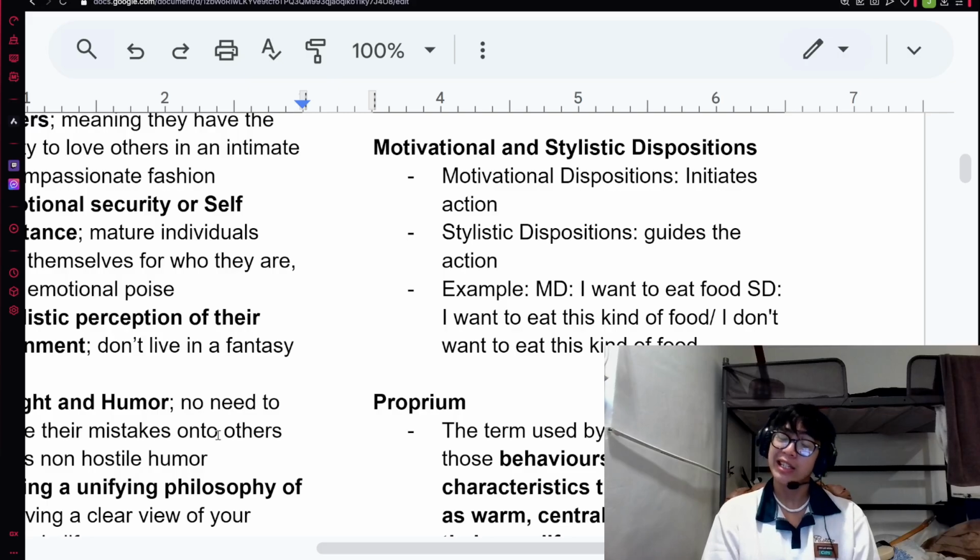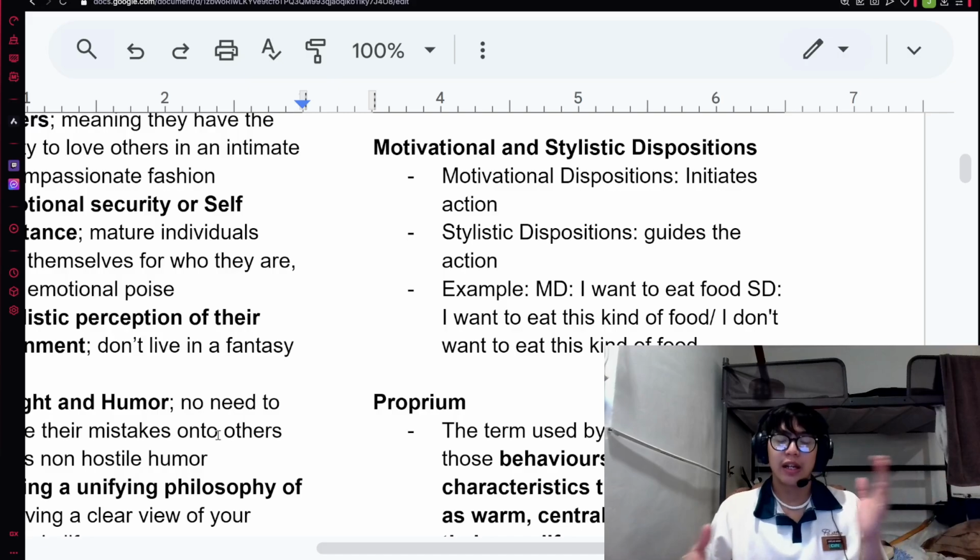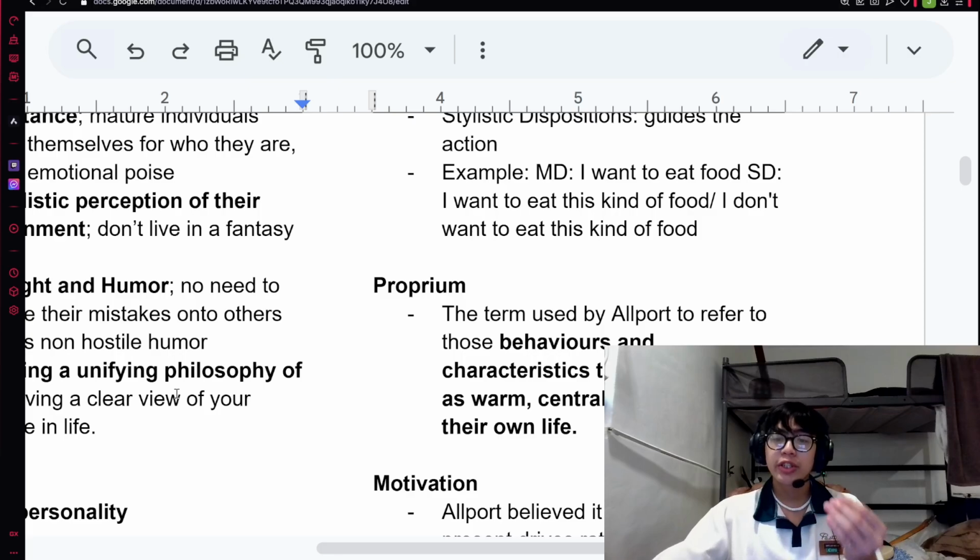So in a sense, it initiates action. Stylistic disposition is how you want to do it. An example of this, as I have written here: your motivational disposition might tell you, just think of yourself as a normal person, you are hungry. Now your motivational disposition will tell you to satisfy your hunger, I want to eat food, right?